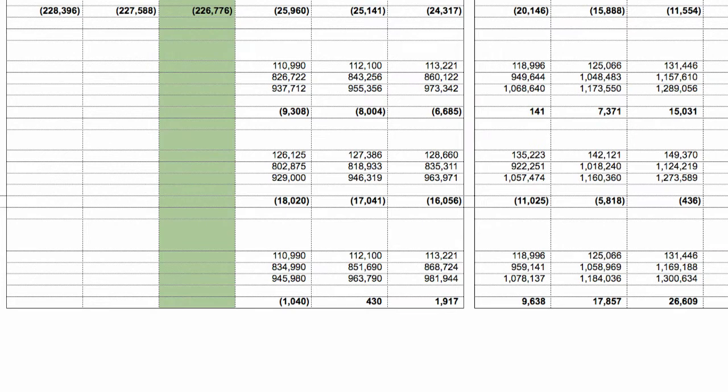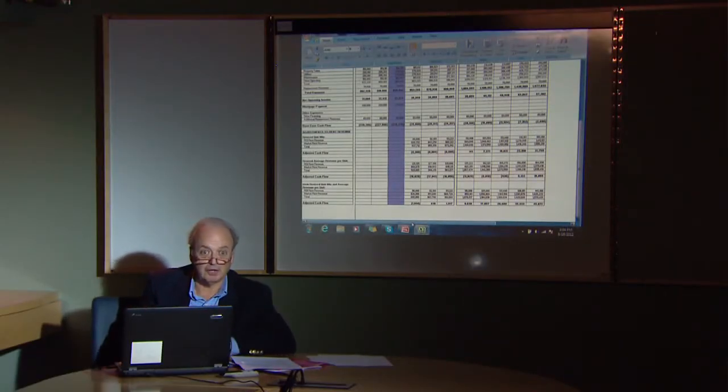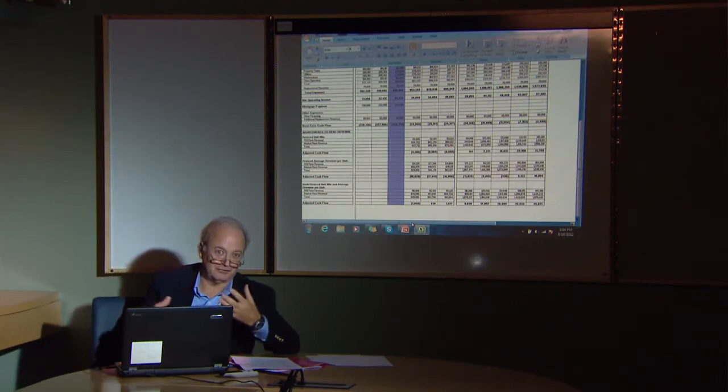Okay. So we still got deficits here and here, but taken together, now we've got a surplus. Right? So again, you can play these things off in different ways against each other to come up with where you want to be. So you can have an interaction, if you will, between your policy objectives, your goals for your organization, and where you need to be financially.